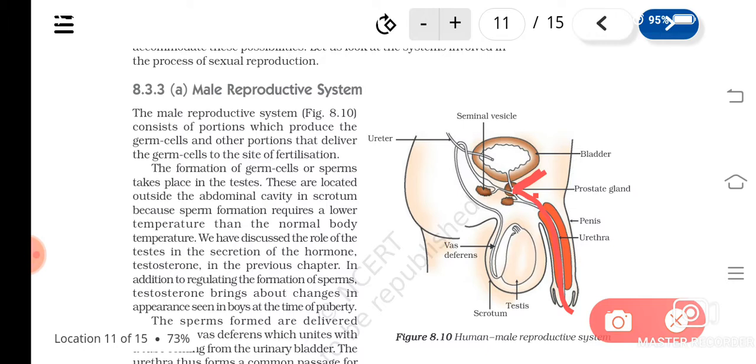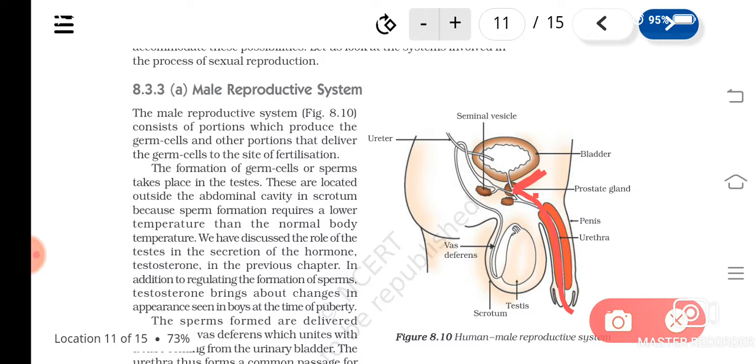They are placed outside the body so that they have a lower temperature for sperm formation, inside a scrotum.